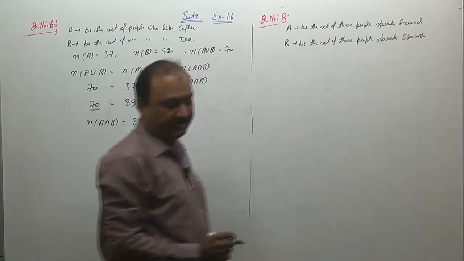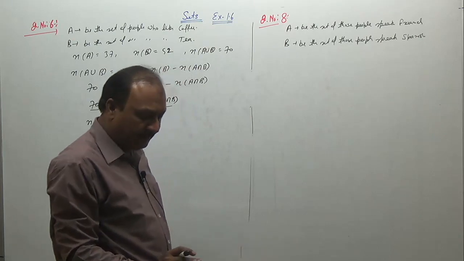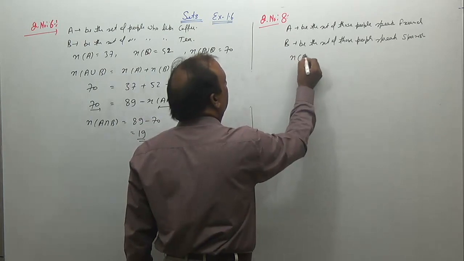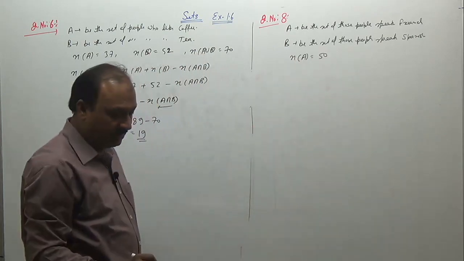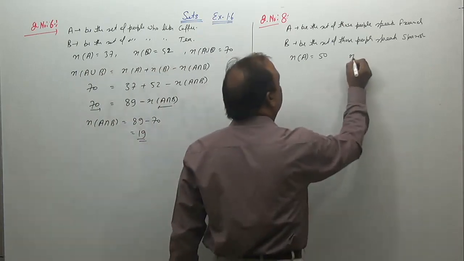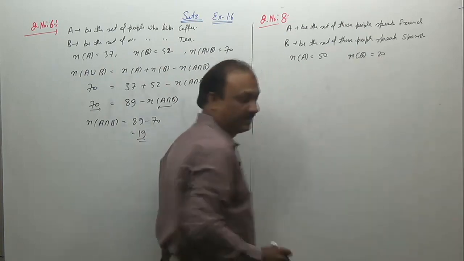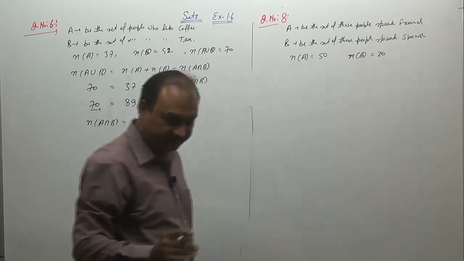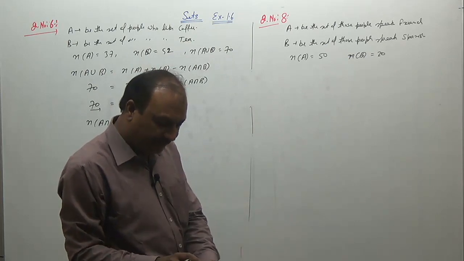So there are two categories. So in a committee, 50 people speak French. That is, the number of elements of set A is 50. 20 speak Spanish. That is, the number of elements of set B is 20. 10 speak both.